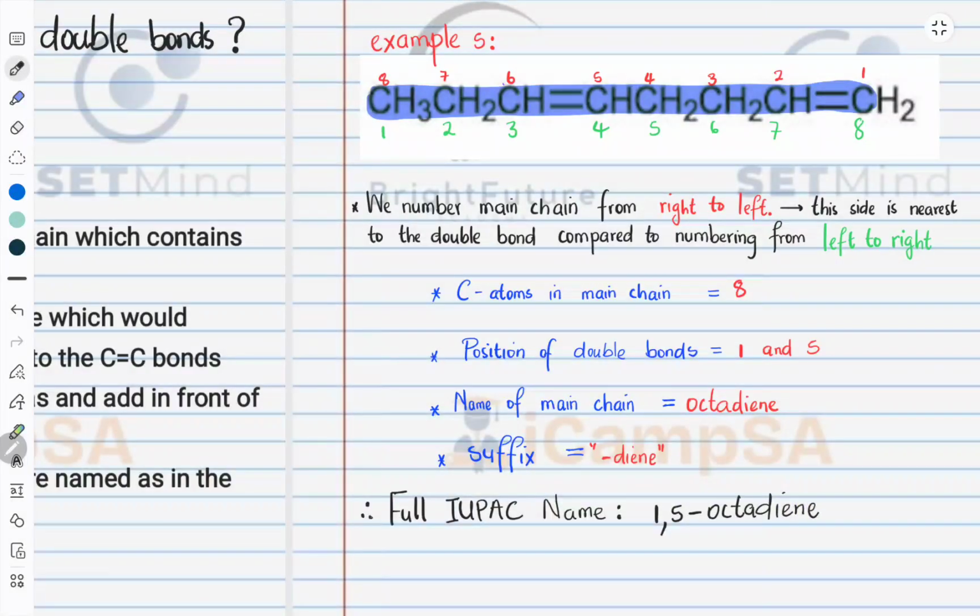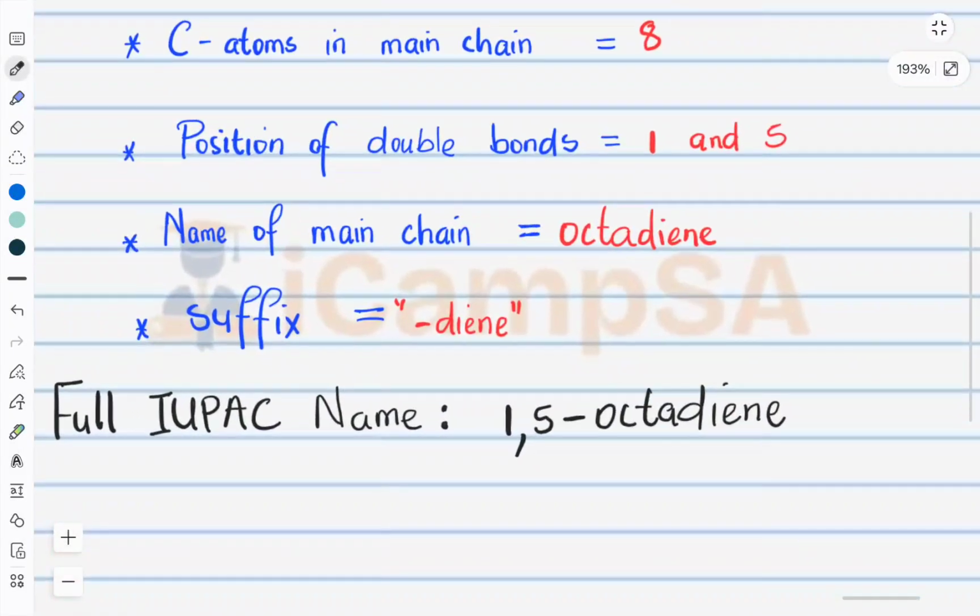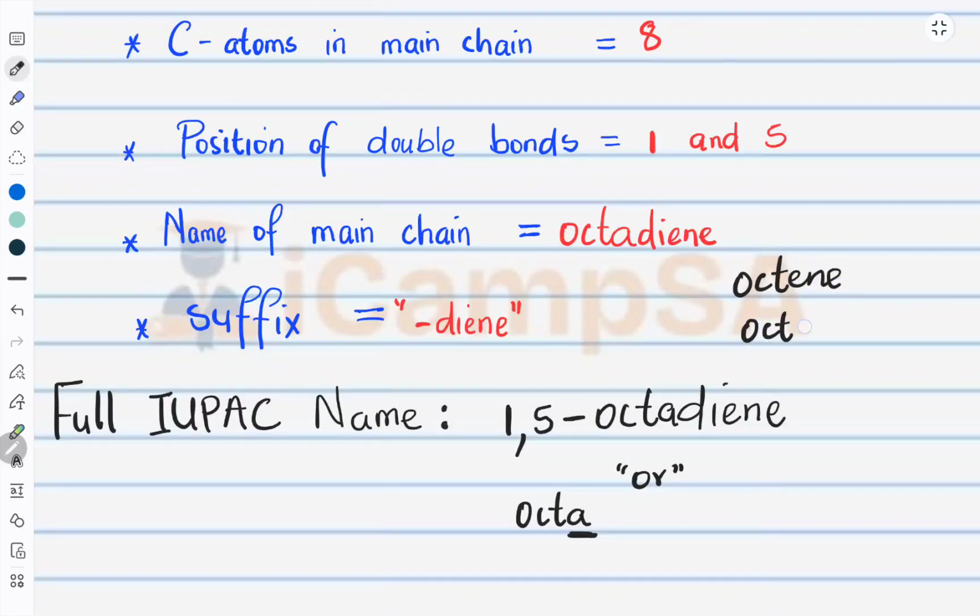Okay, so that's one way you would have done it. Or remember, you can say octa. So if you notice now, when we talk about diene, we add this extra a, but if it was just a simple alkene, it was going to be octene, right? Now since it's a diene, we have to say octadiene. Okay, that's one thing I want you to note.